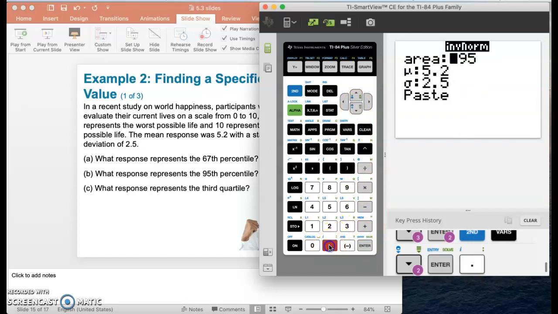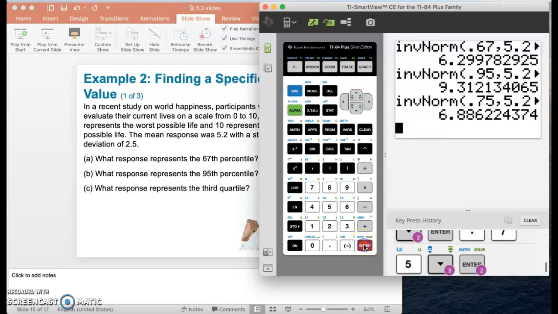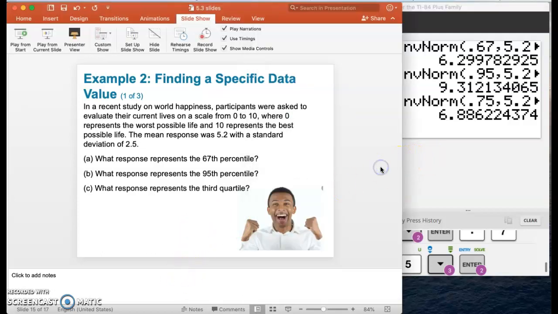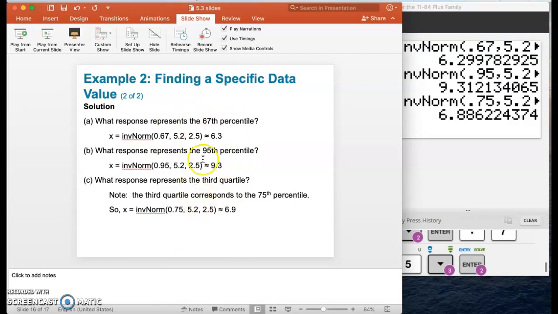Our area is 0.75 and our mean and standard deviation haven't changed. So I'm going to select enter and then enter again. And you can see that the response that represents the third quartile is approximately 6.89. Okay, and the solutions are shown on the next slide. In part C, they round to 1 decimal point, so just 6.9.